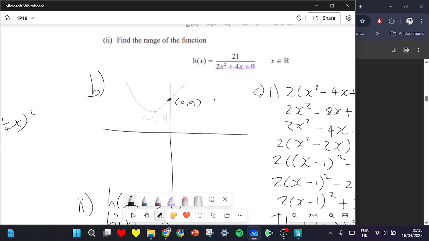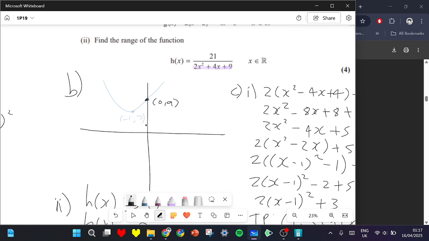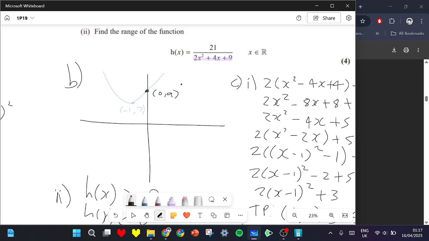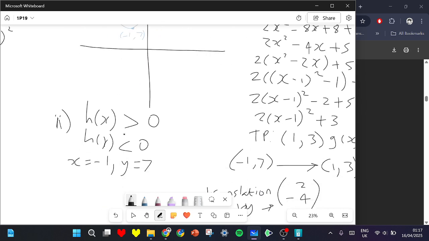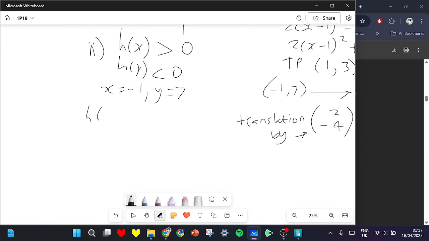So we can just put 7 here, where the denominator is. So that's going to be equal to 21 over 7, which is 3.